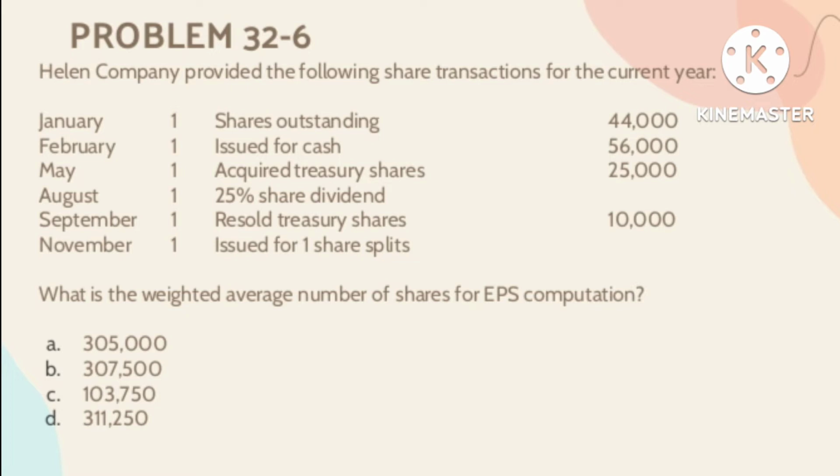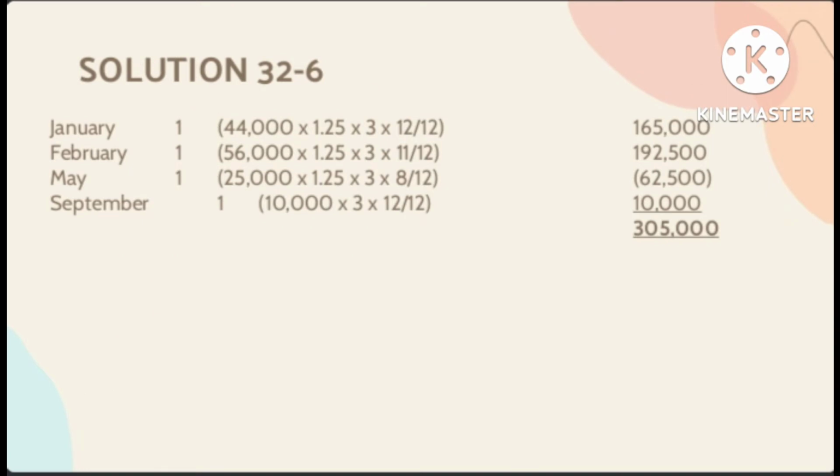November 1, issued for 1 share splits. What is the weighted average number of shares for EPS computation? A. 305,000, B. 307,500, C. 103,750, and letter D. 311,250. Let me read you the solution.